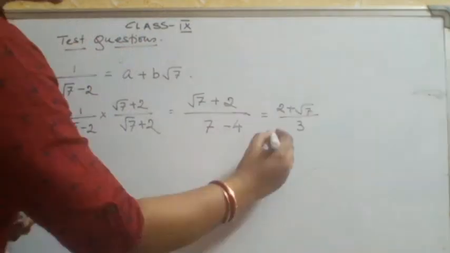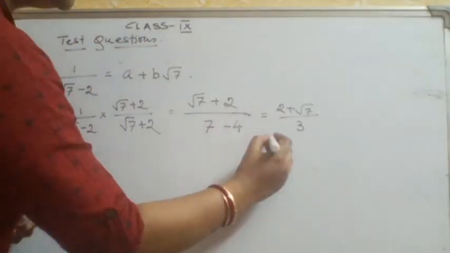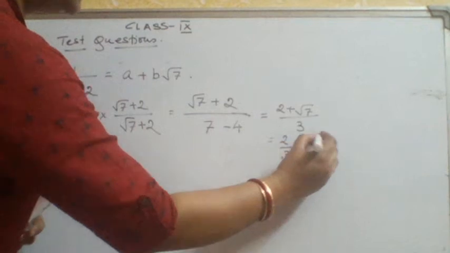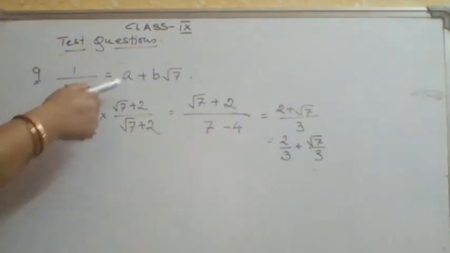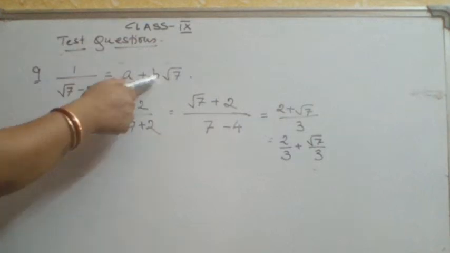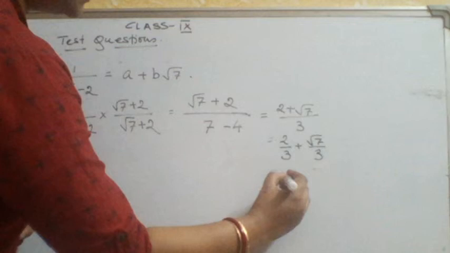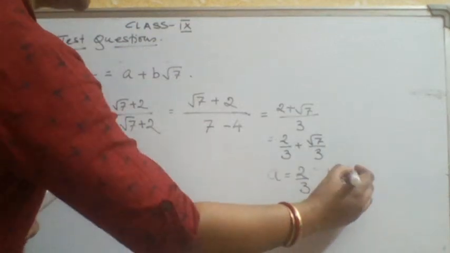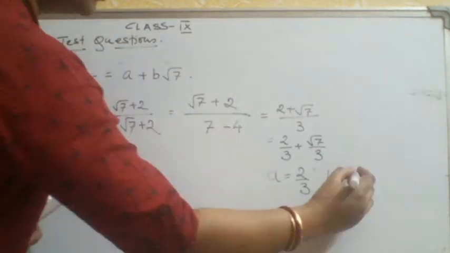Okay, now you split it up and write it like this: 2 by 3 plus root 7 by 3. Now this is a plus b root 7, so compare it with this. You get a equal to 2 by 3, and b, since the root is already there, b is equal to 1 upon 3.